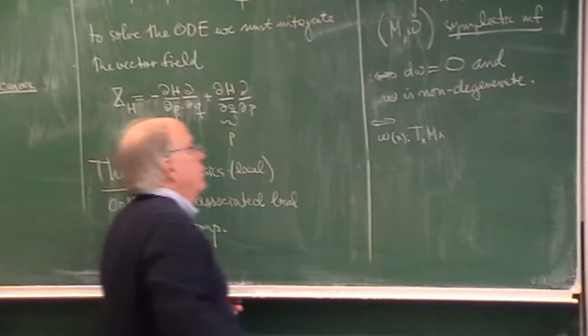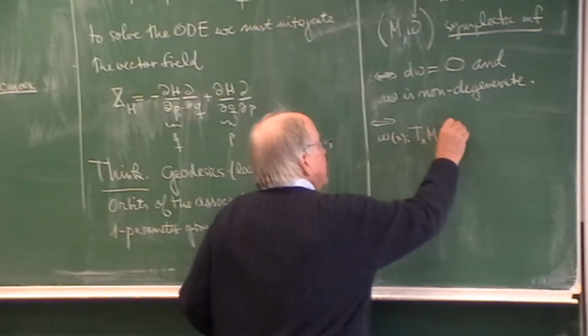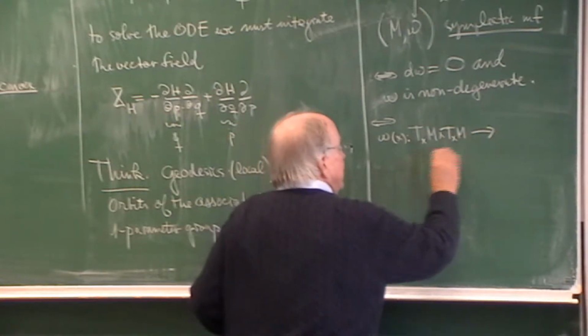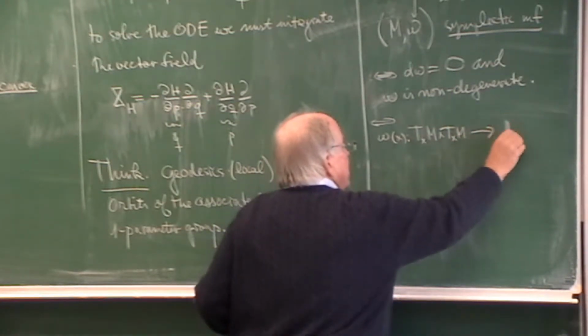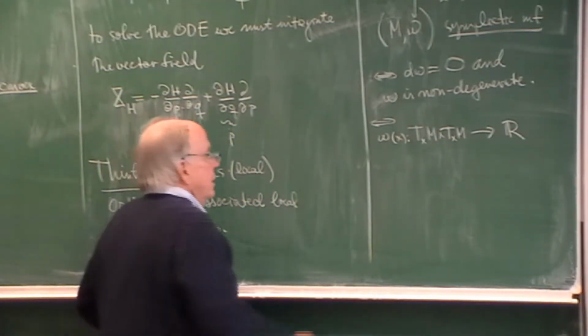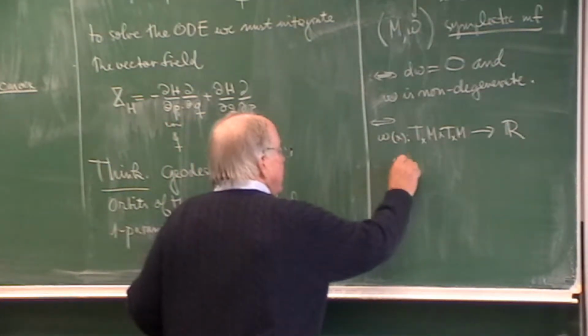It's a closed two form, and so it's a bilinear thing on the tangent space at that point, and it's alternating because it's a two form. So let me emphasize that.